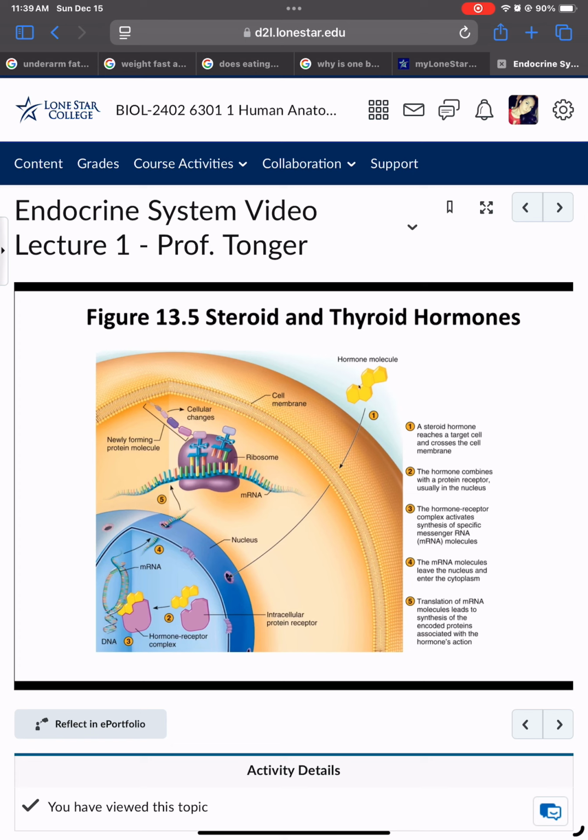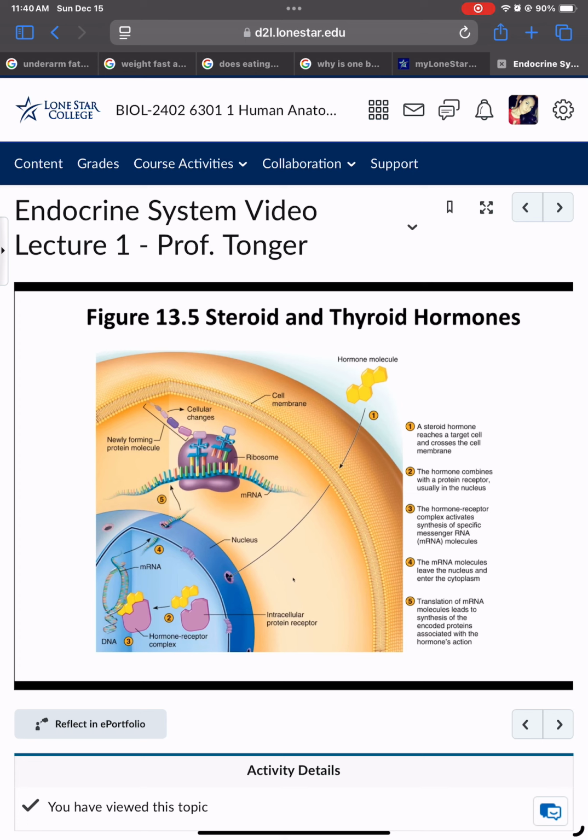Now, if a hormone is steroid type or thyroid type, its mode of action is going to be a little bit different from any hormone which is non-steroid or water soluble. And the reason is the hormone molecule can easily pass through the cell membrane. So a steroid hormone reaches the target cell and can easily cross the membrane. Once it crosses the membrane, it reaches the cytoplasm of the cell.